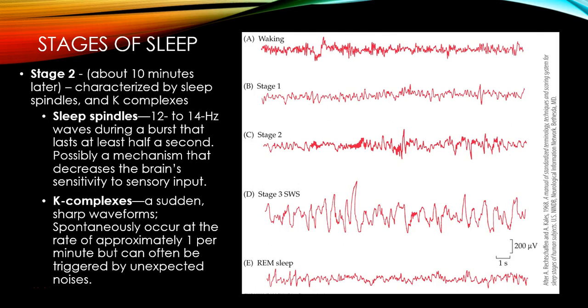If every noise you heard, every word you heard, every sound from outside your window woke you up, that would be a problem. And so maybe these sleep spindles are starting to decrease our sensitivity to the sensory input around us.